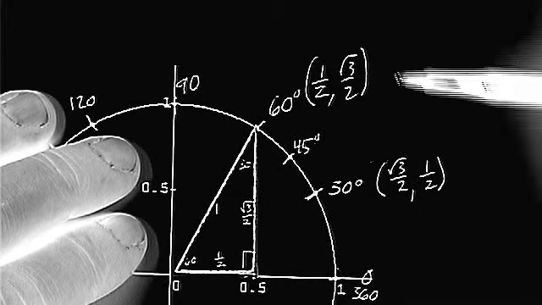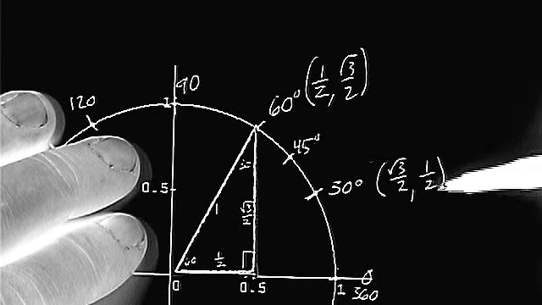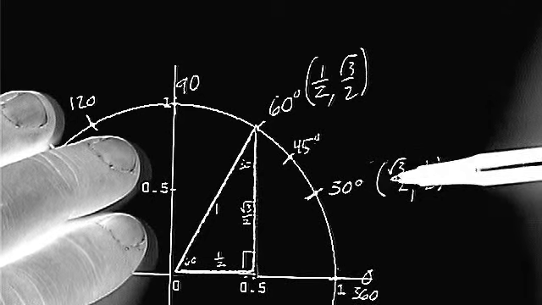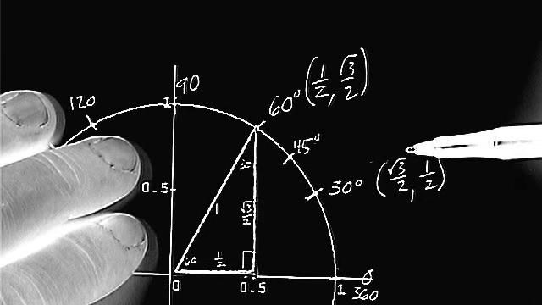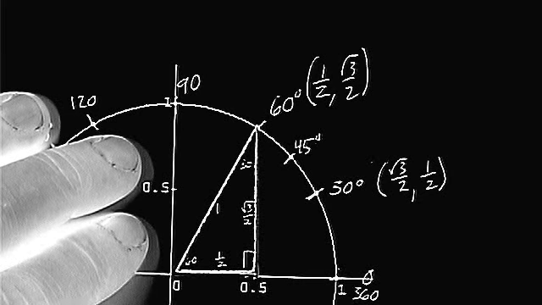Now, does it make sense to you that the x's and y's are switched? 30 and 60, what do they add up to? 90. Those must be complements to each other, and that verifies the complements theorem.